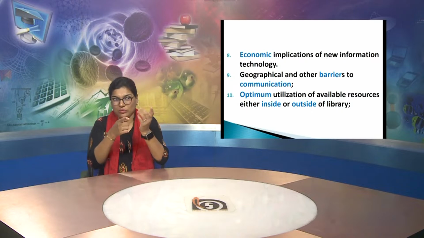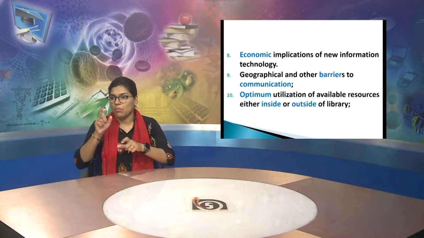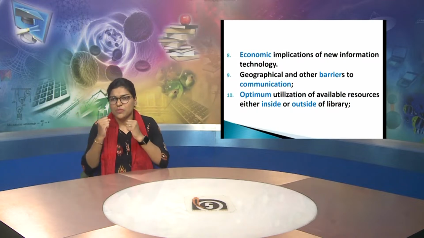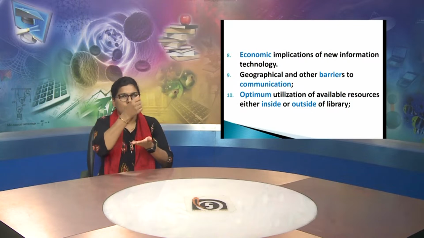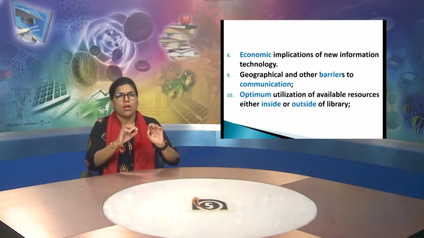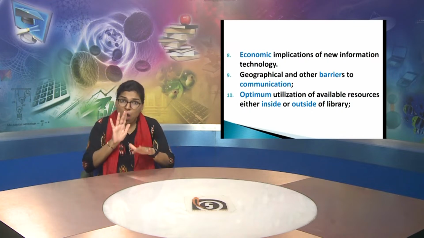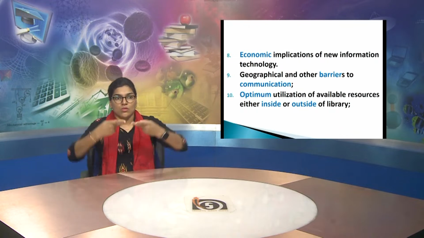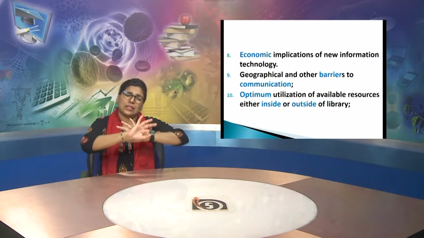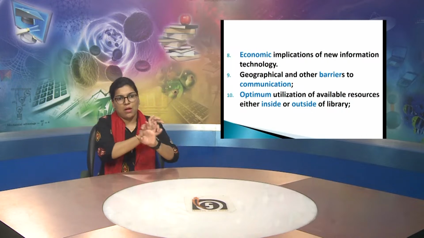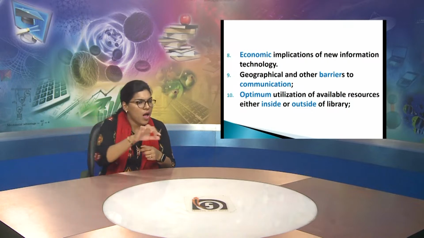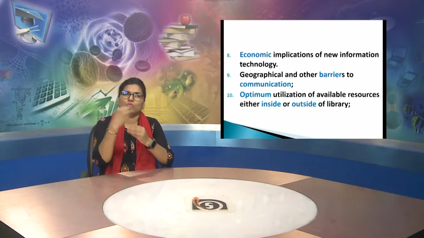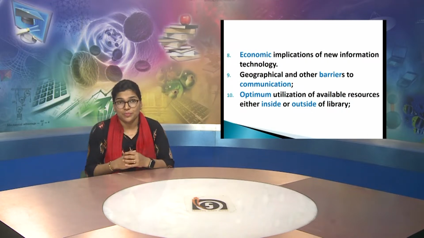Further, point number 8. Economic implications of new information technology. Because there is so much of information and so much of new softwares are coming up, the economic implication is also an important factor that is important for all the library staff.